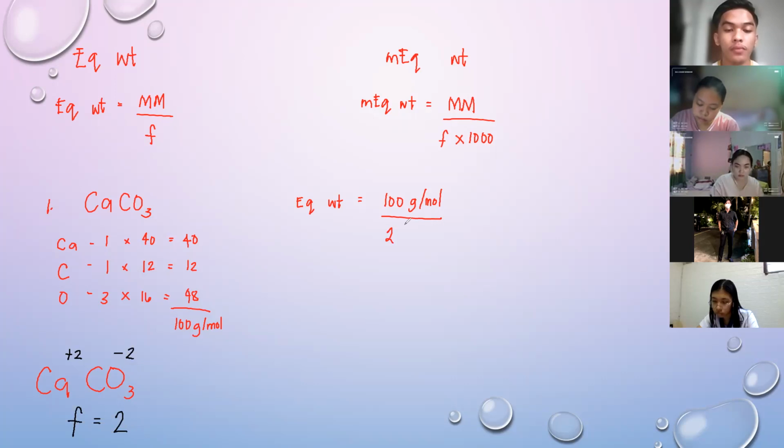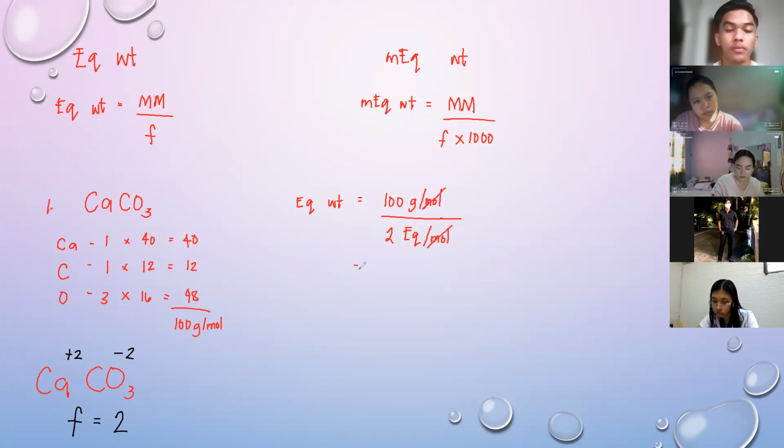2. And then take note, our unit for the F is, this is equivalent weight. Again, this is equivalent weight. So pag equivalent weight yan siya class, ang unit ng F is equivalent per mole. Okay? Yan yung unit natin ha kapag equivalent weight. Equivalent per mole. You will cancel the mole.